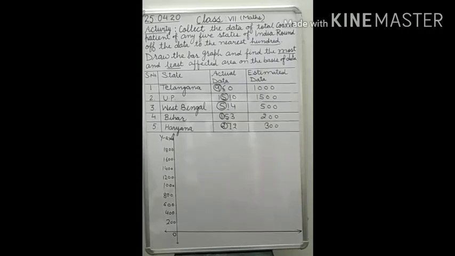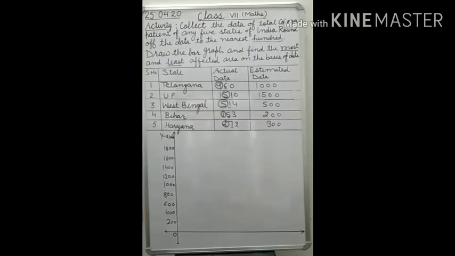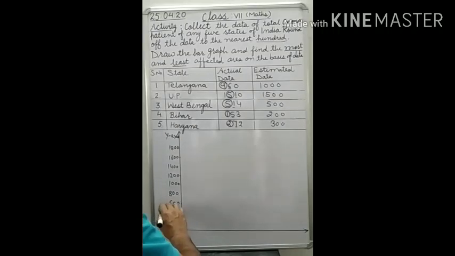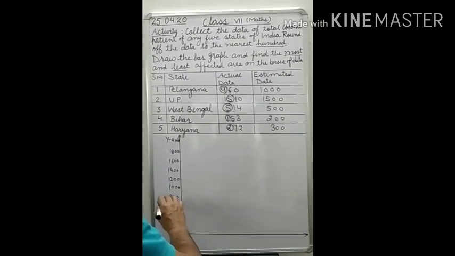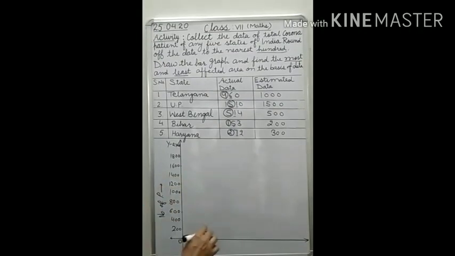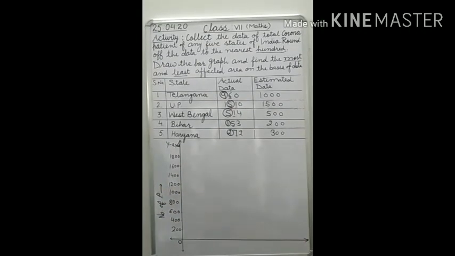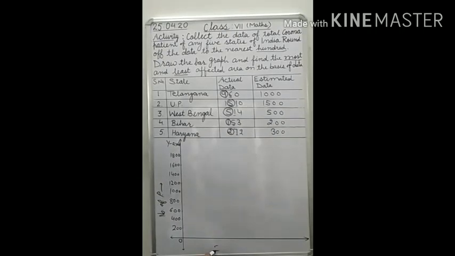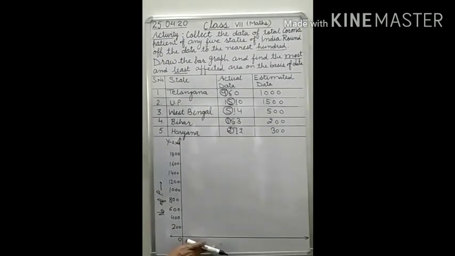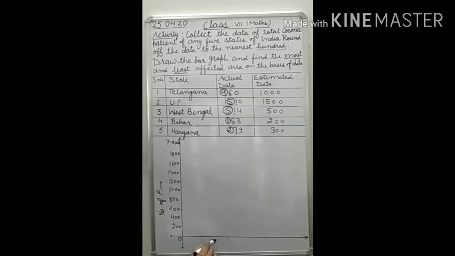Along the y-axis we will show the number of patients. We write here number of patients, and here we will show the state.